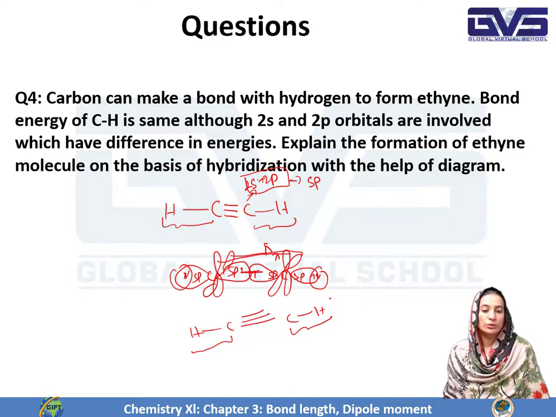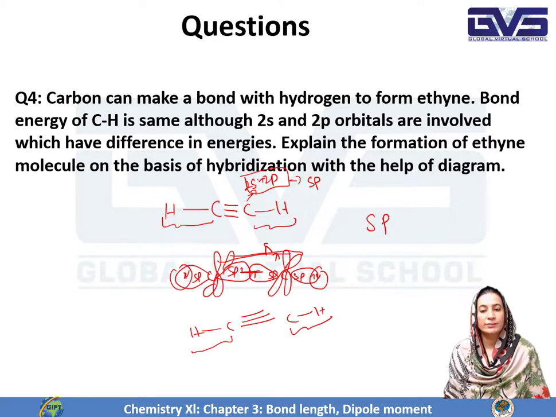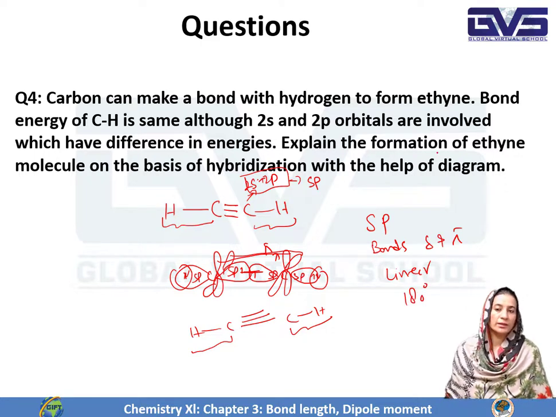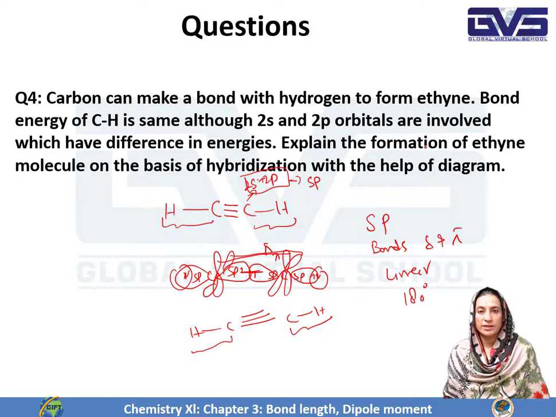So you have to explain what type of hybridization, sp. You have to tell about the bonds, how many sigma and pi bonds, and its shape: it is linear and its angle is 180 degrees. So these questions can be asked in the bond energy part as well as in the hybridization topic.